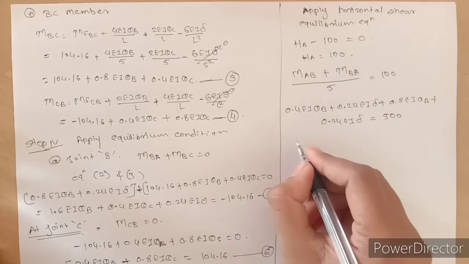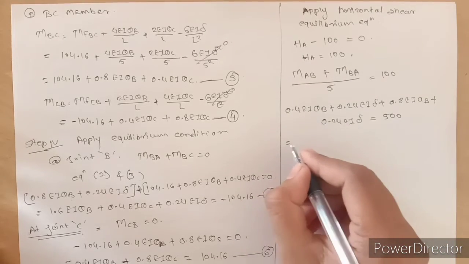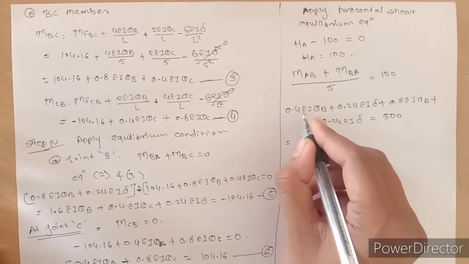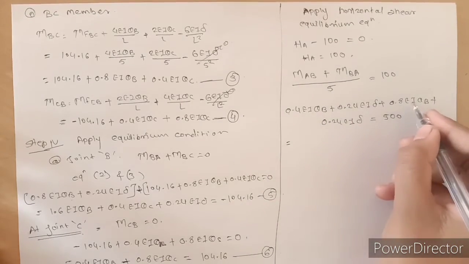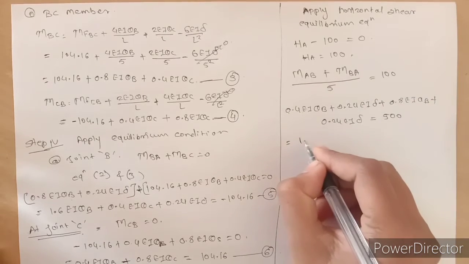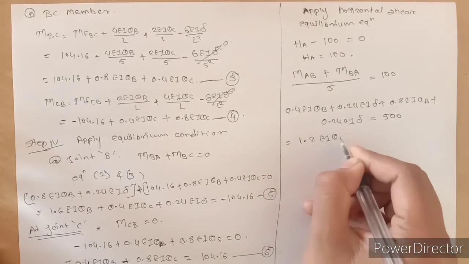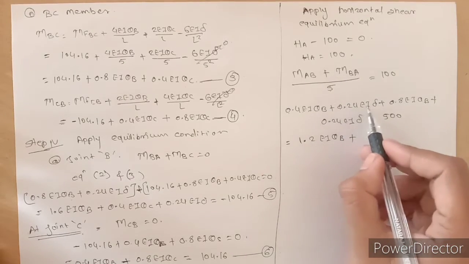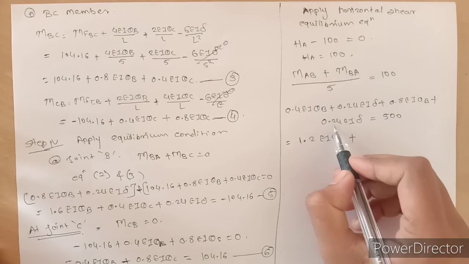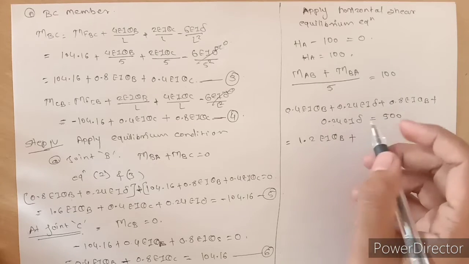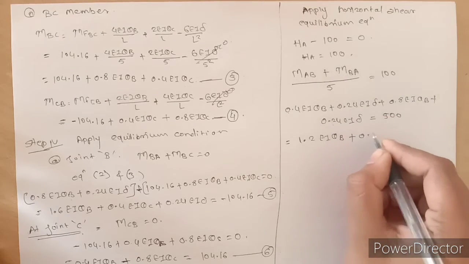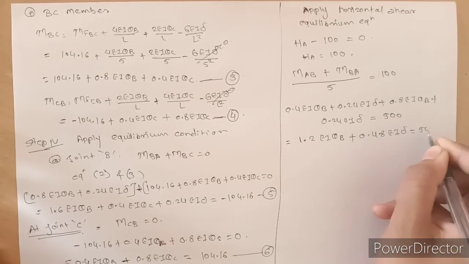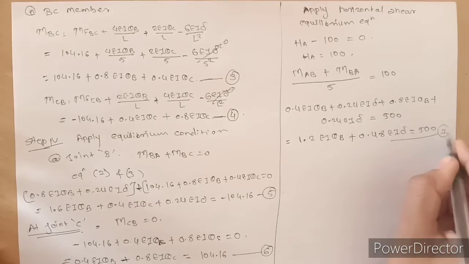Then solve this equation. First adding the theta B terms, 0.4 EI theta B plus 0.8 EI theta B is 1.2 EI theta B, plus the delta terms 0.24 EI delta plus 0.24 EI delta, which is 0.48 EI delta, is equal to 500. This is equation number 7.